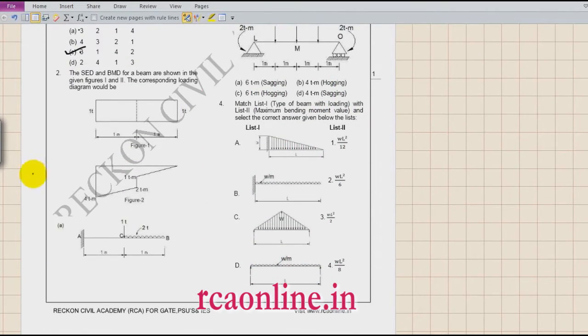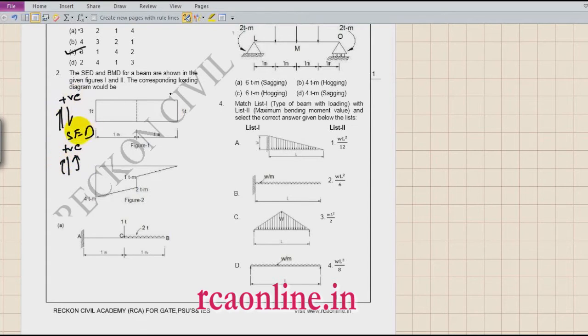Now come to the second question. It says that the SFD is rectangular and the bending moment diagram is like this. I want to discuss one thing here: UPSC mostly takes the sign convention as positive for SFD, and for BMD they take sagging positive.